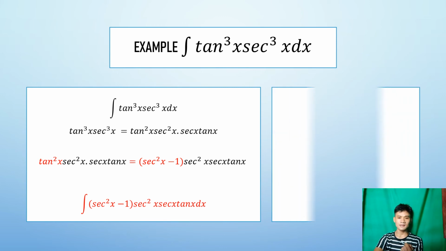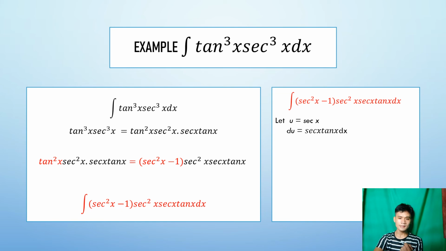tangent x dx. We will let u be equal to secant x, du is equal to secant x tangent x dx, and we just simply rewrite the given function using those variables u and du, substituting the certain values from the given.